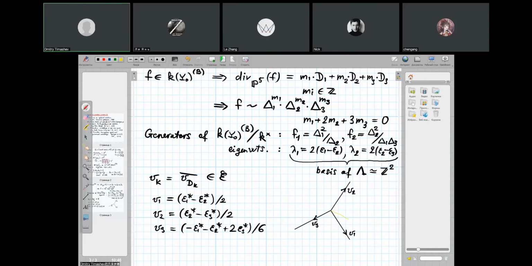So for your convenience, let me also draw the epsilon stars here.